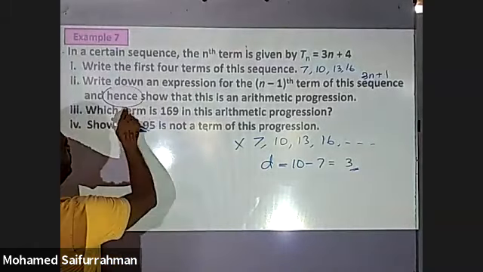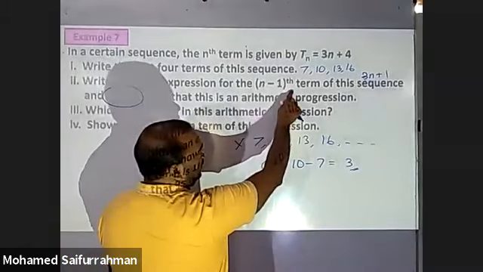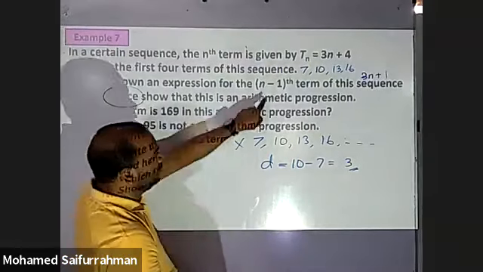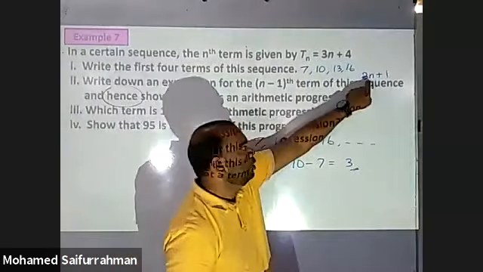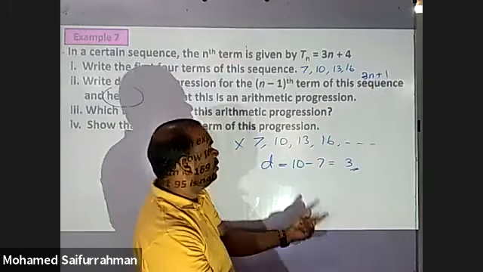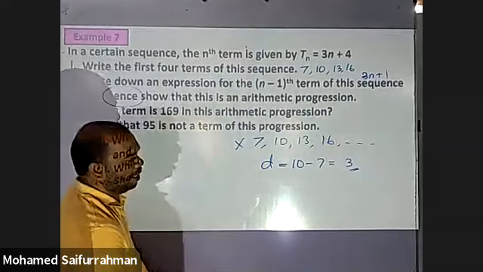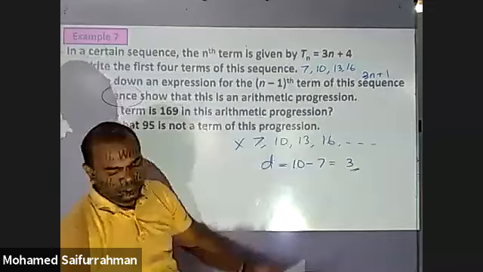Here, write down the n minus 1. Hence, meaning what? Using this term only, we need to show this is an arithmetic progression. Right, let's see how to answer that question.